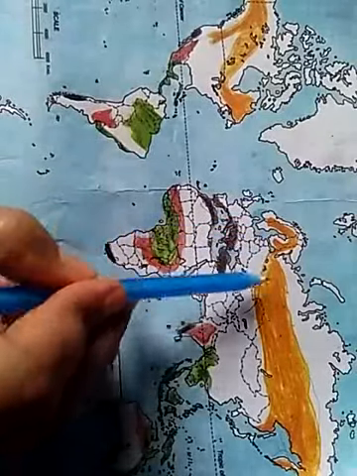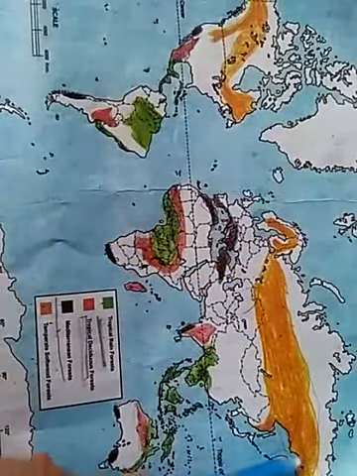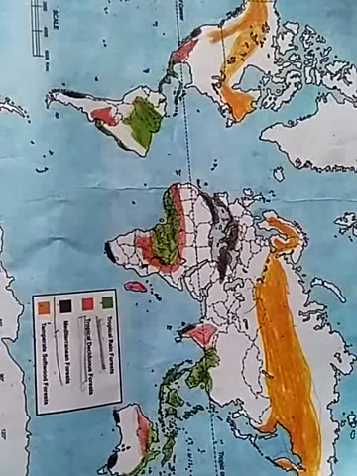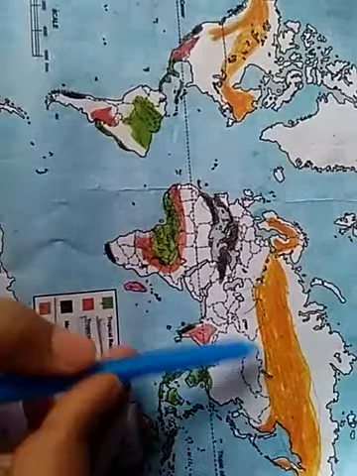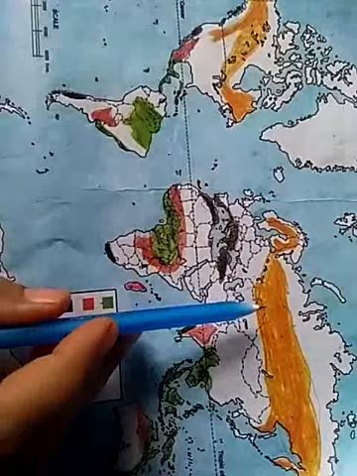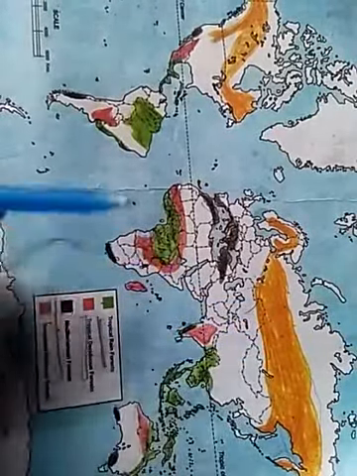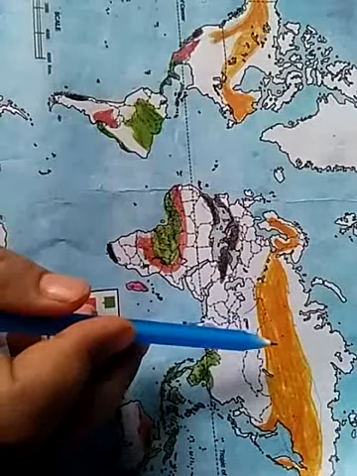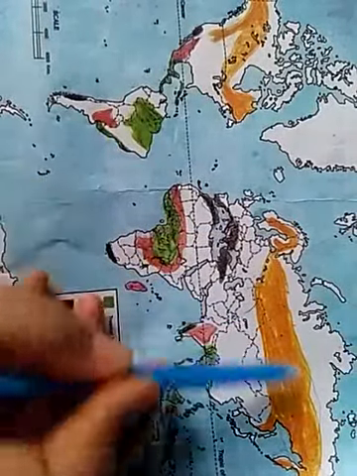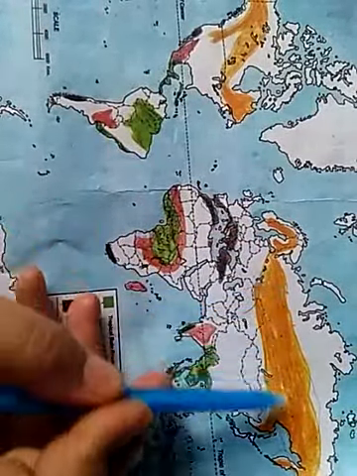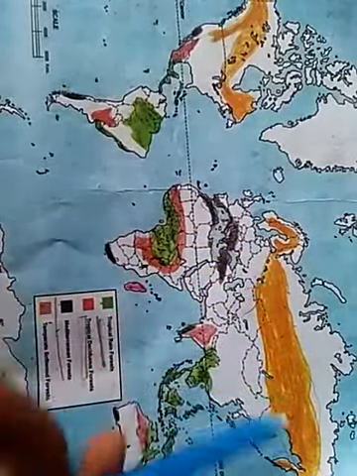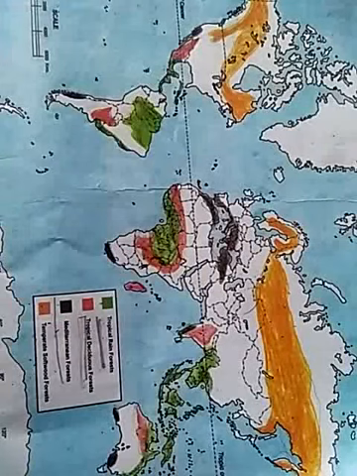See the main belt of the temperate softwood forest. It is also known as coniferous forest. Why coniferous? The trees are conical here. Why conical? So that snow should not accumulate on them. The main areas are here in Europe and Asia. This is the Europe and Asia belt of the temperate softwood forest.